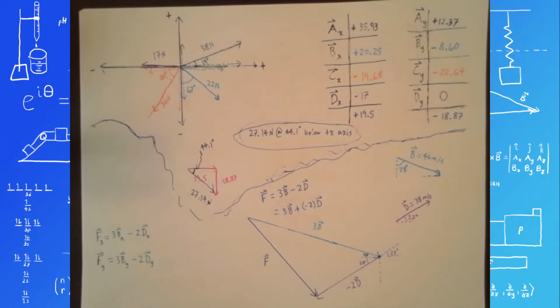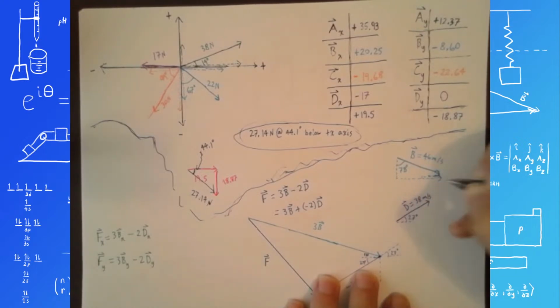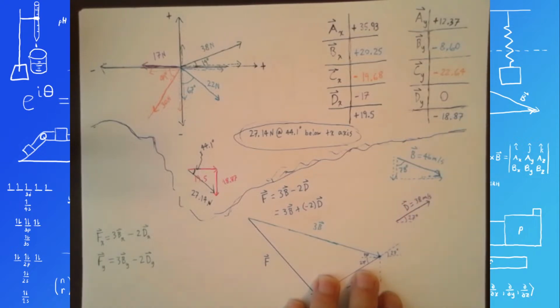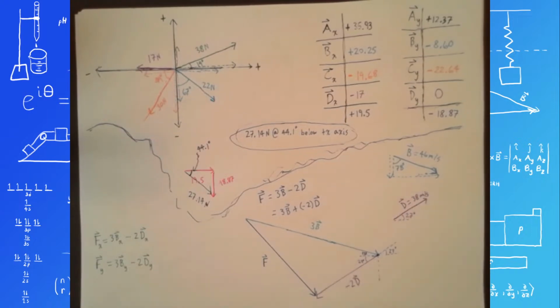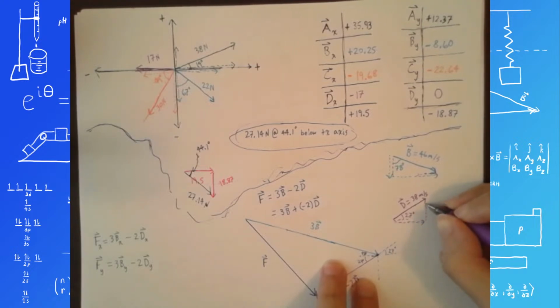So where are my colors? I've got light blue, purple. Okay, so b has a component to the right and a component downward. This time I'm not going to use signs. And d has components to the right and up.